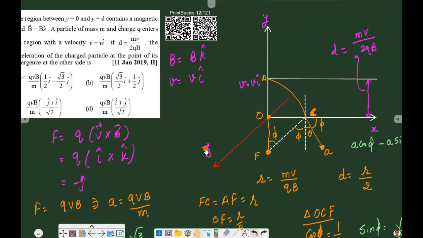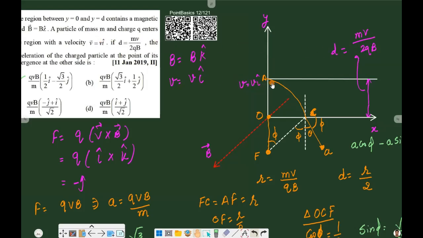Let us go through the basics of this question again. It was given that we have a region of magnetic field extended up to some distance in the y-axis. So we plotted that region, and the thickness of that region is given as mv by 2qB. Now it was given that a charged particle enters this region.